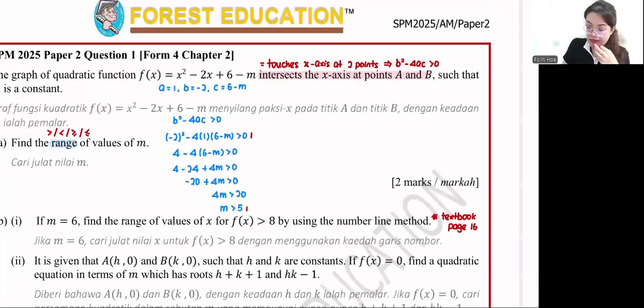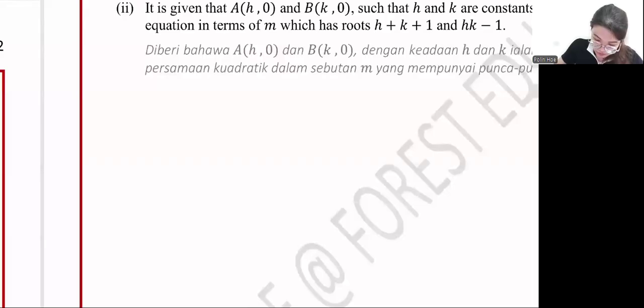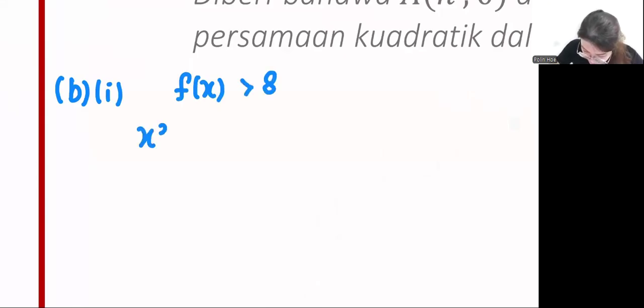So now they ask you when f(x) is bigger than 8, what happens when m is equals to 6? Let me see my paper. Do I have enough space to write? Because I didn't print out for myself. That's B part 1. f(x) is bigger than 8. So I have x squared minus 2x plus 6 minus m is bigger than 8.